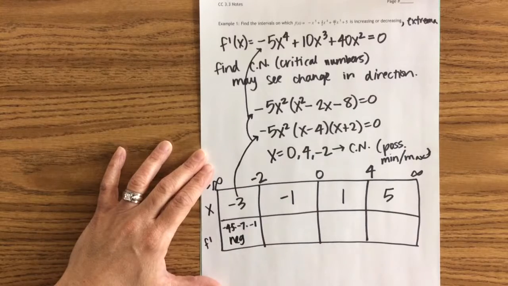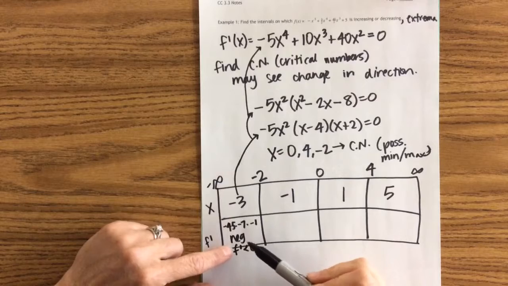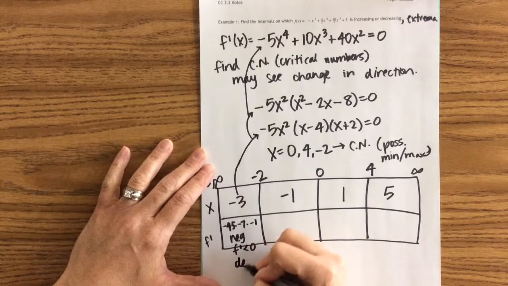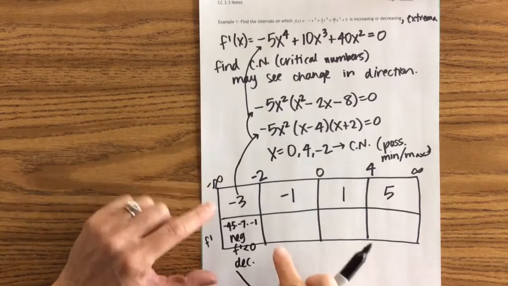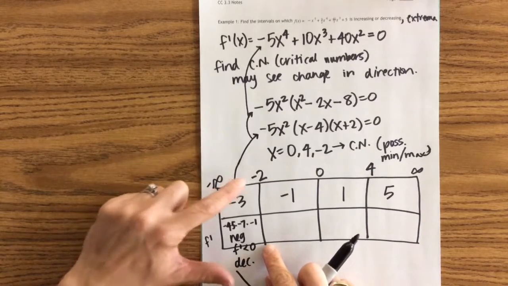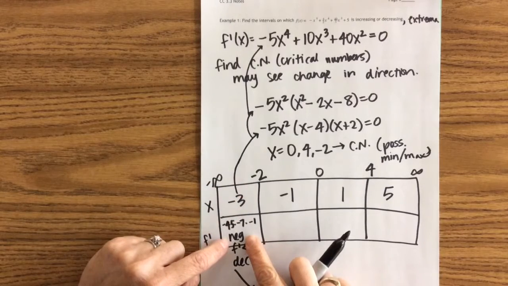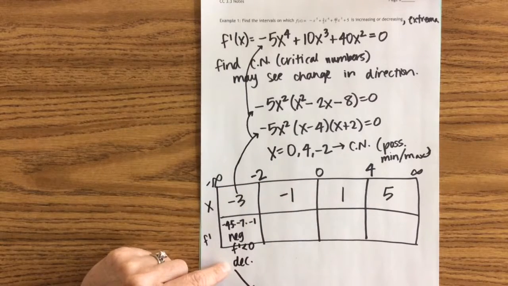And a negative number is when f prime is less than 0. What do we have if it's negative or less than 0? It is decreasing. I'm going to draw a picture of a decreasing graph. So that means my graph from negative infinity to negative 2, because when I plugged in negative 3, I got a negative derivative, is decreasing on that interval.